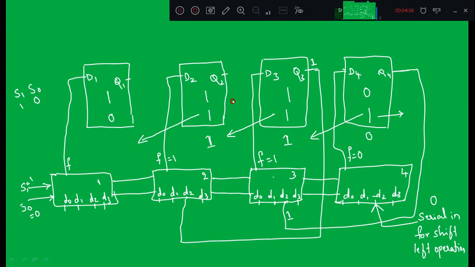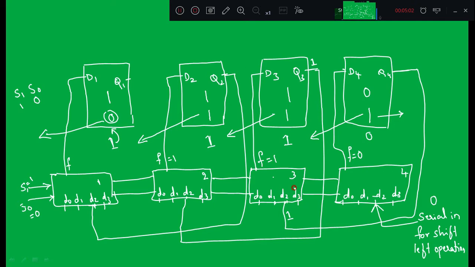Next, similarly Q2 needs to be connected to D2, and this one will get shifted towards left, and this 0 will be replaced by the content of the next flip flop. So this is the full operation of the universal shift register.